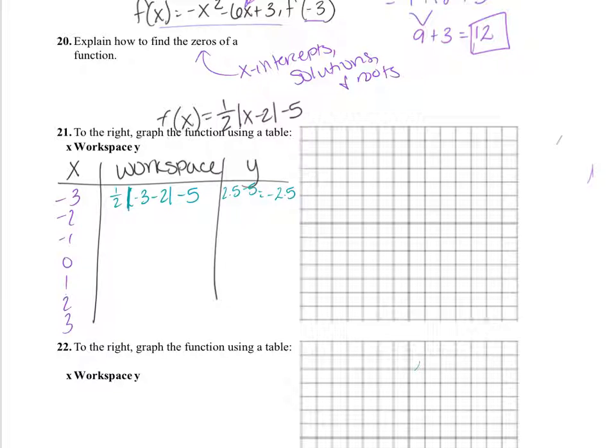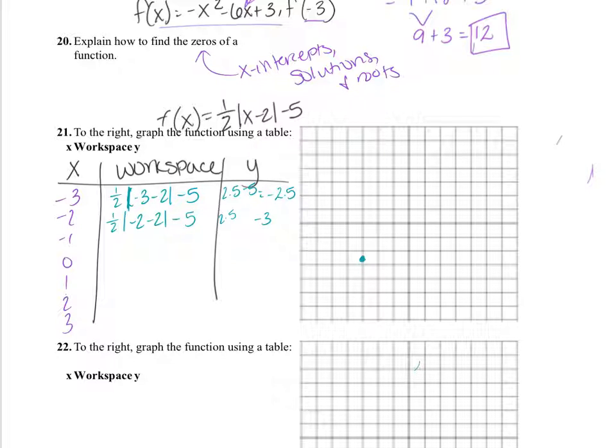So we go over 1, 2, 3, and down to 0.5. Do the same thing with negative 2. 1/2, absolute value, negative 2, minus 2, minus 5. Negative 2 minus 2 makes negative 4, but since we're taking the absolute value, it becomes positive. Half of that is 2. 2 minus 5 gives us negative 3.